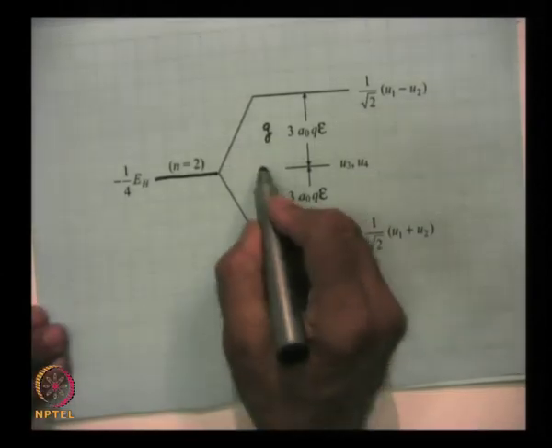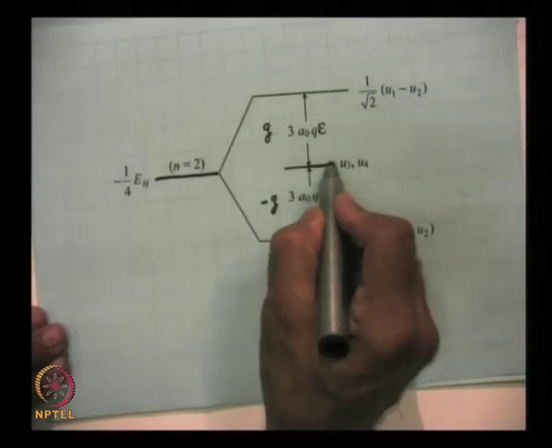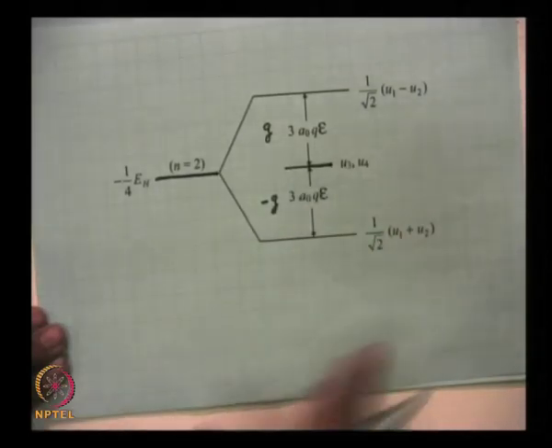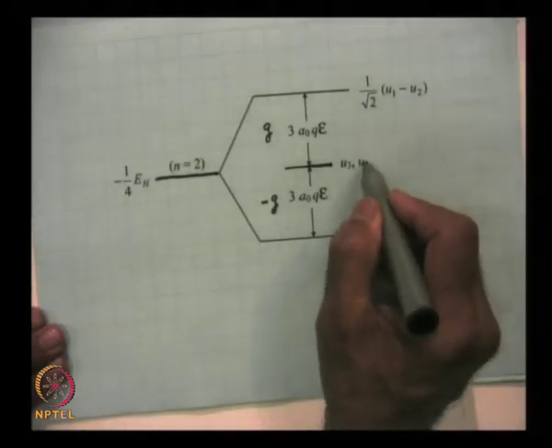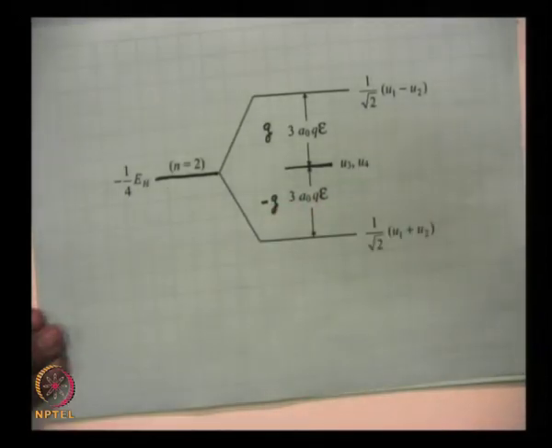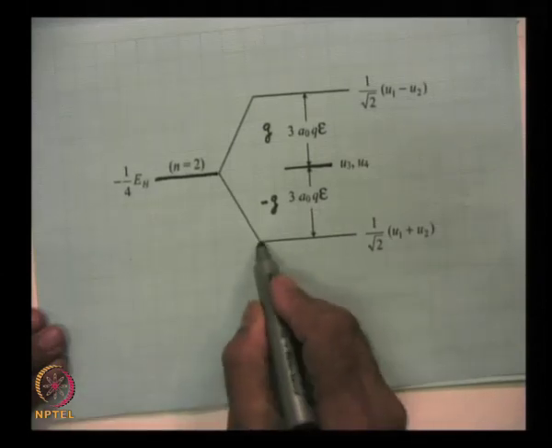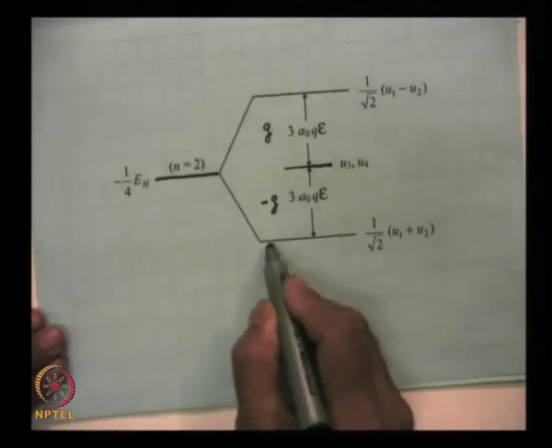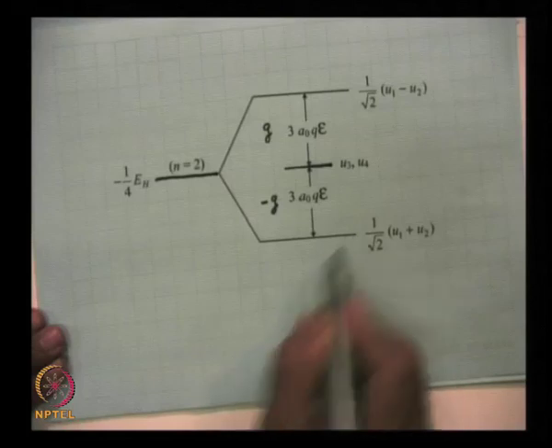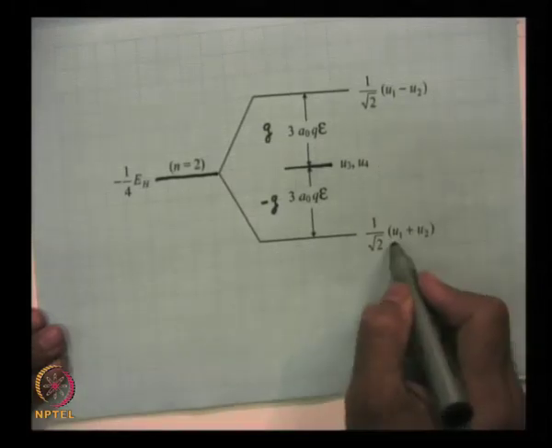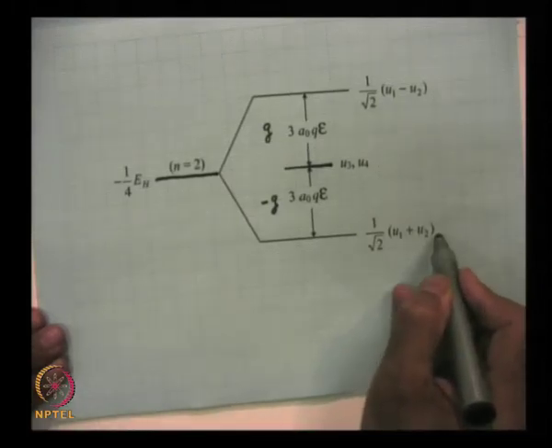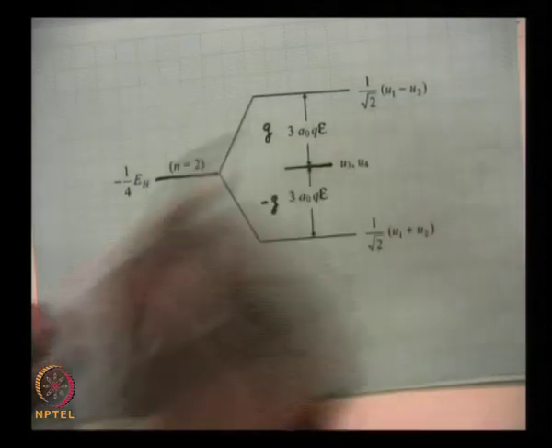For U3 and U4, the first order perturbation is 0, so the degeneracy is not lifted. But for the other two states, which split, the wave functions are u1 plus u2 by root 2 and u1 minus u2 by root 2.